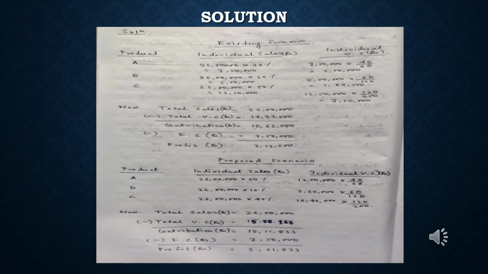Now, coming back to the proposed scenario and calculating the individual variable cost the way I mentioned for the existing scenario, we get 13 lakh into 40 by 60, 2 lakh 60 into 60 by 100, and 10 lakh 40 into 120 divided by 200.